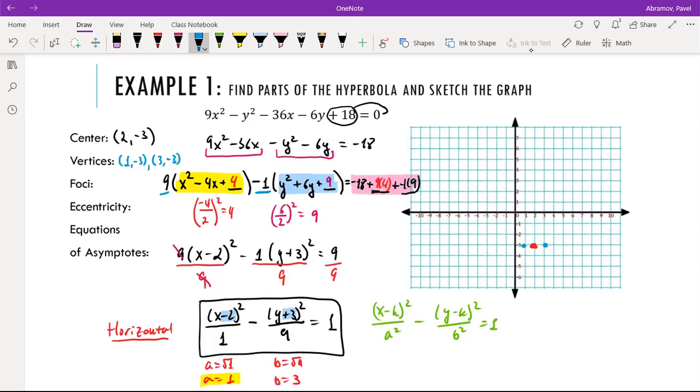Then we also know that b is equal to 3, so we are going to move 3 up and 3 down. These points don't really have any names, so we don't need to do anything with them, but that allows us to draw this rectangular box, which now will allow us to draw the asymptotes.